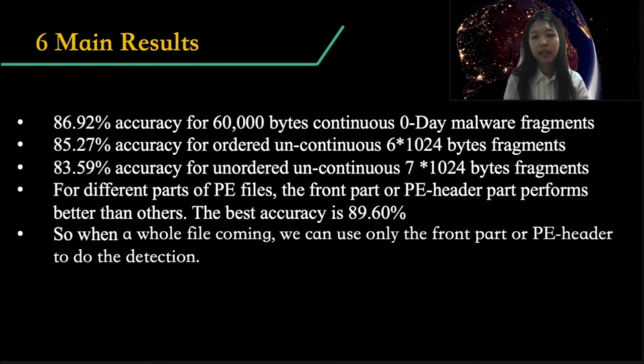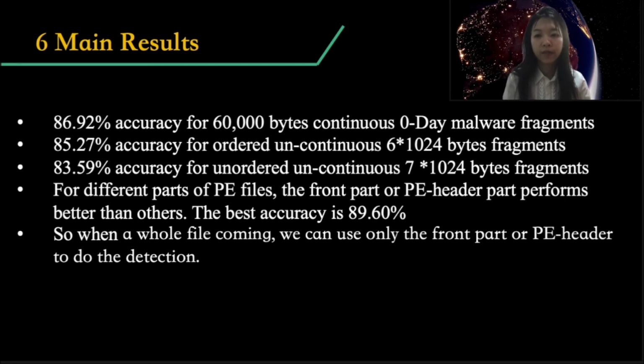We can get nearly 87% accuracy for 60,000 bytes continuous zero-day malware fragments, and 95.27% accuracy for ordered uncontinuous 6 KB fragments, 83.6% accuracy for unordered uncontinuous 7 KB fragments.